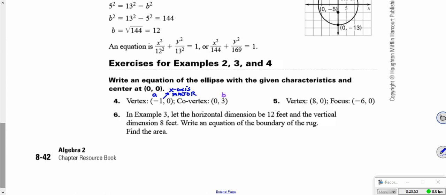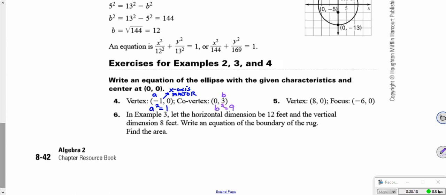Now, this also tells me then that a squared equals 1. If I square a negative 1, I get 1. B squared, okay, is going to be 9. And since that's on the y-axis, the y is the minor.